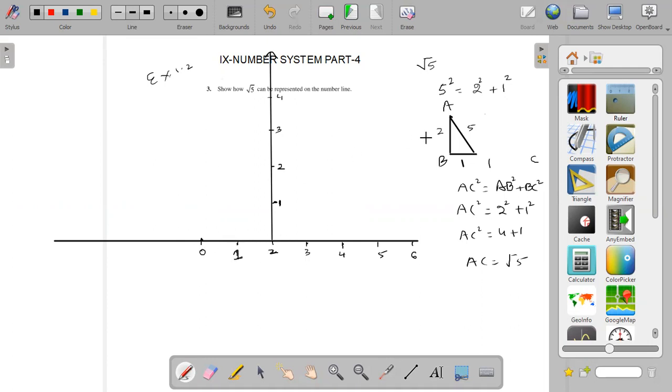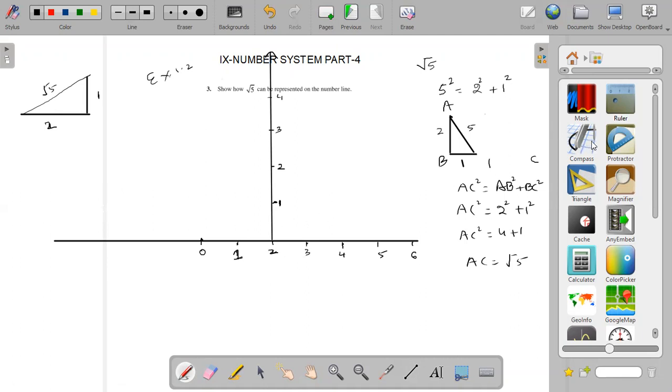This is a triangle with 2 as length and perpendicular 1. So when you see this length, it will represent under root 5, correct? Obviously.